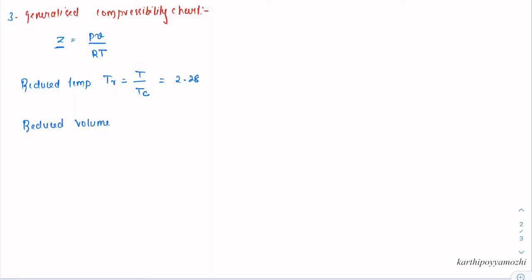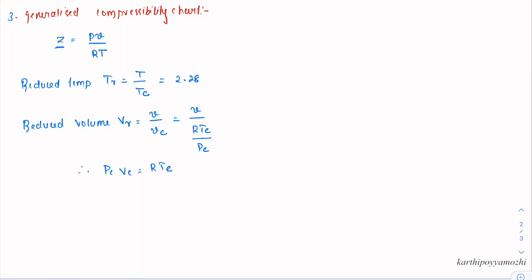The reduced volume vR is equal to v by vc. We don't have the value of critical volume, so we can substitute vc as RTc divided by Pc.